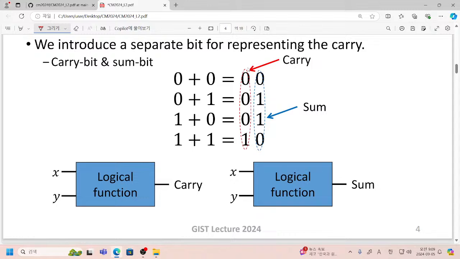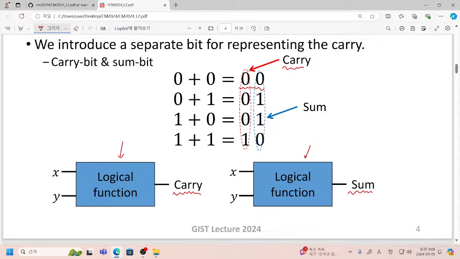Although 0 plus 0 should be 0, that is interpreted as its carry bit being 0 and its sum bit also being 0. So we can now recognize it in this way. Then it becomes just a logical function, and another logical function to calculate the carry bit and the sum bit.